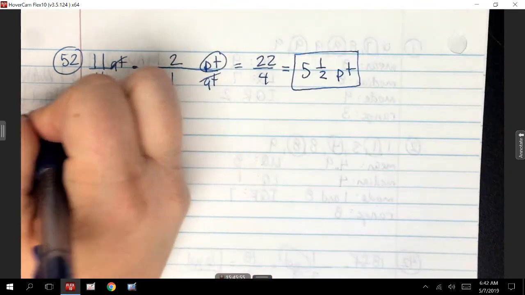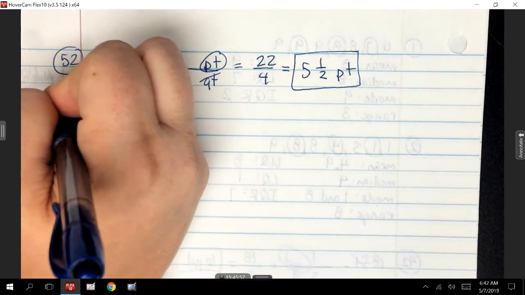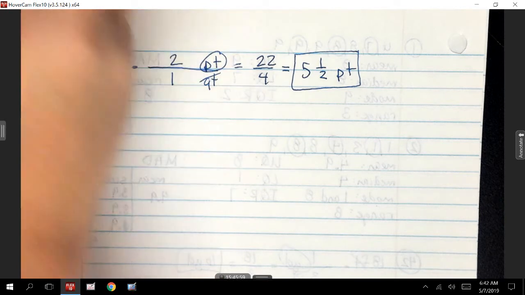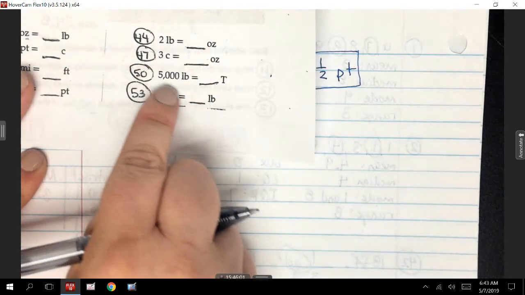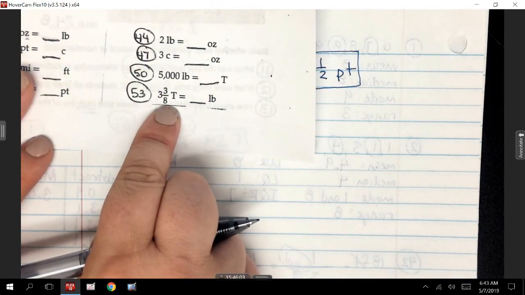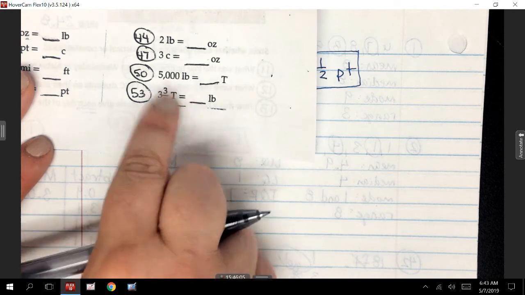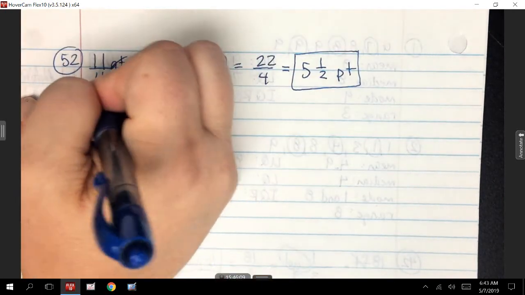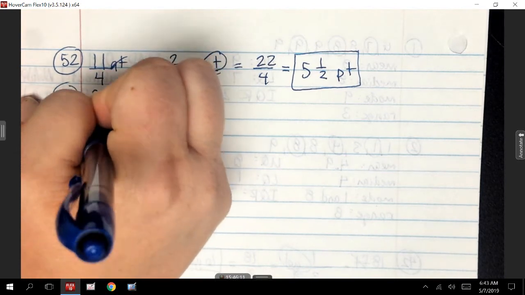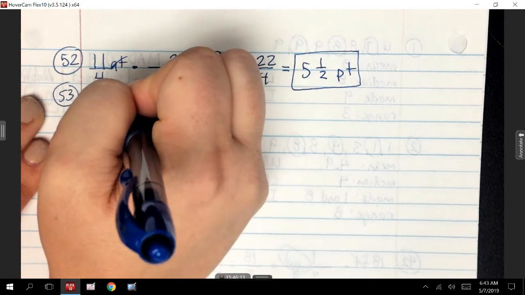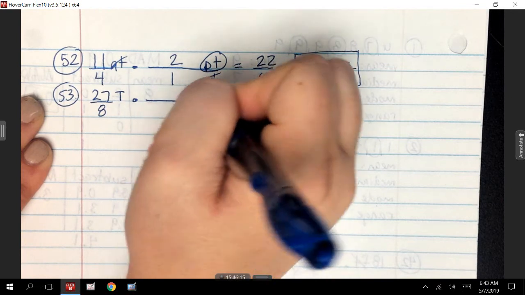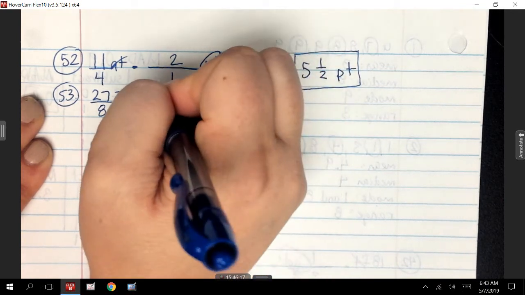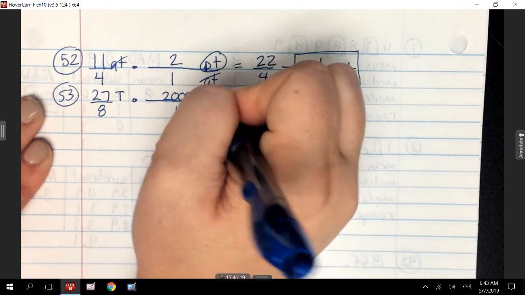All right, number 53. Backwards C again because I have a fraction here. So 3 times 8 is 24, plus 3 is 27, leaving that 8 on the bottom. So I get 27 over 8. My T for tons goes on the top. We're changing tons to pounds. 1 ton is 2,000 pounds.